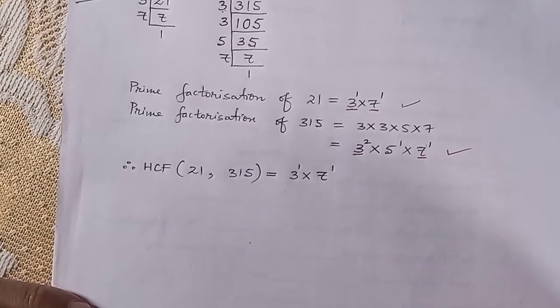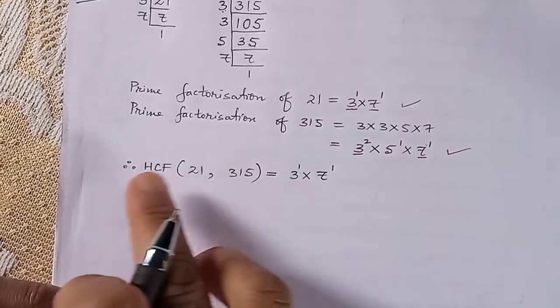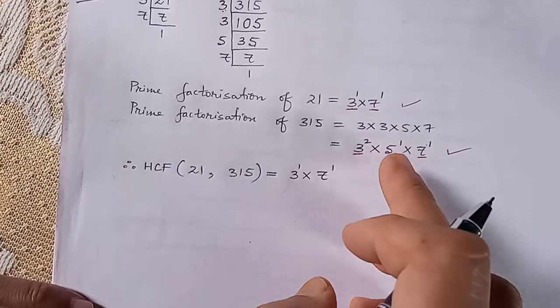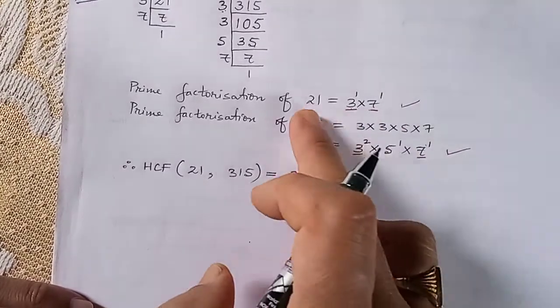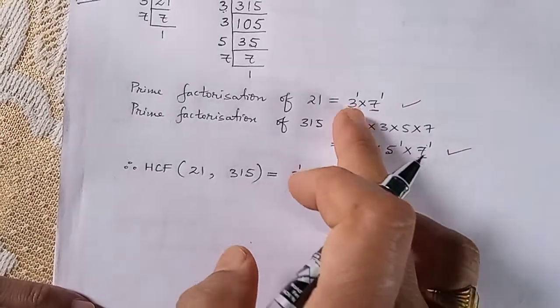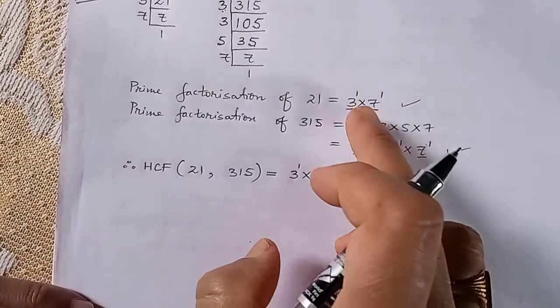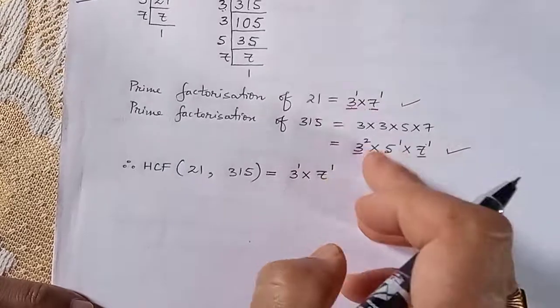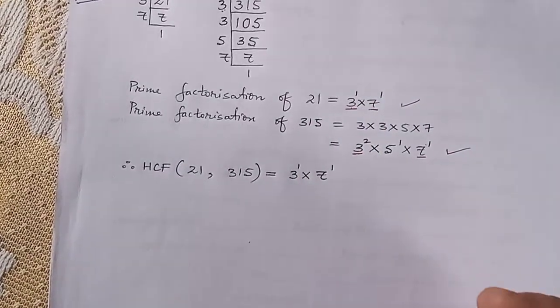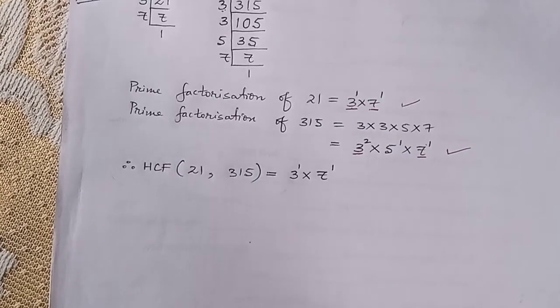So that means for HCF we have taken only the common prime factors. Look, I have not taken 5 because 5 is not common. 5 is present only in 315, but 5 is not present in the prime factorization of 21. So 5 is not common, so I'm not writing it. We had only common 3 and 7 with the smaller power. 1 is the smaller power in 3 and 1 is the smaller power in 7. So we'll write 1.